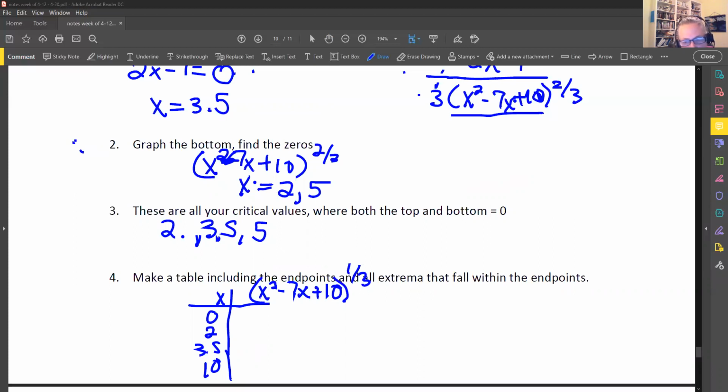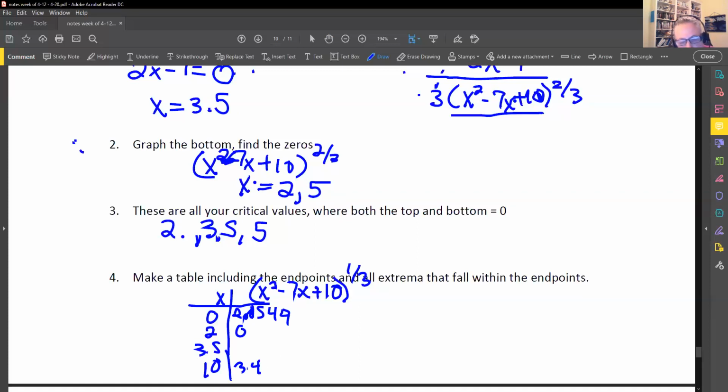So f of 0 is 2.1544. f of 2 is 0. We'll get 3.5 separately. f of 10 is 3.42.